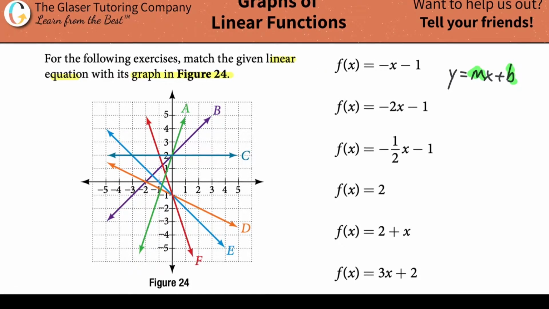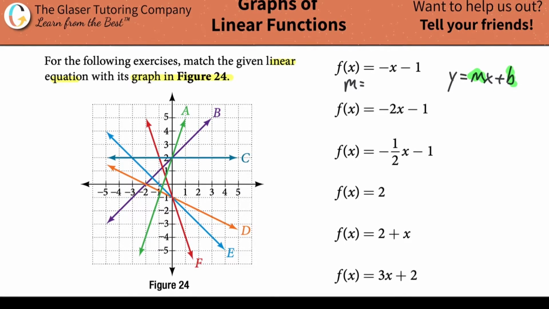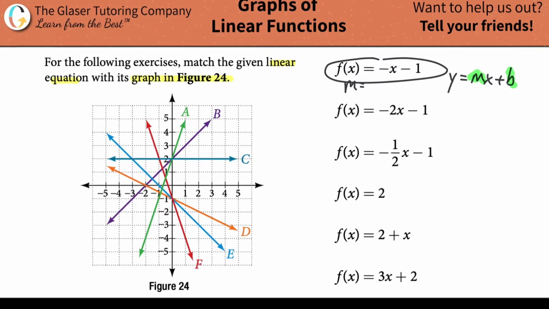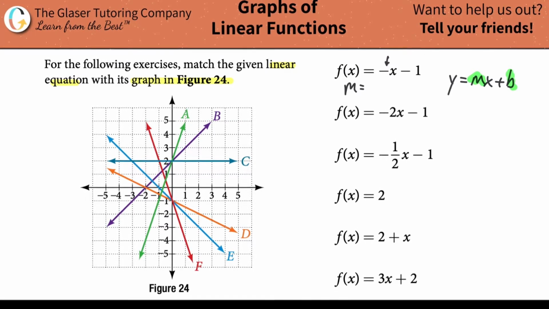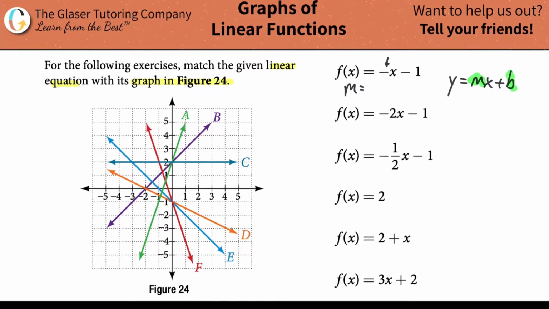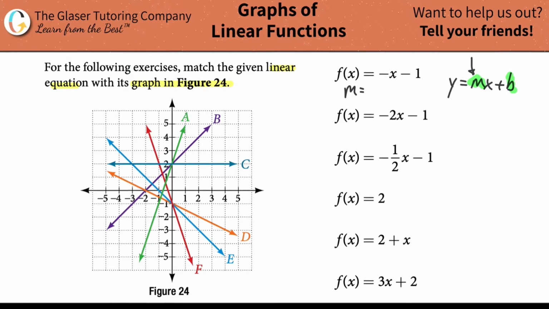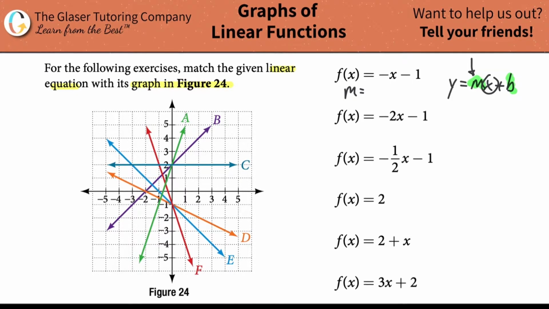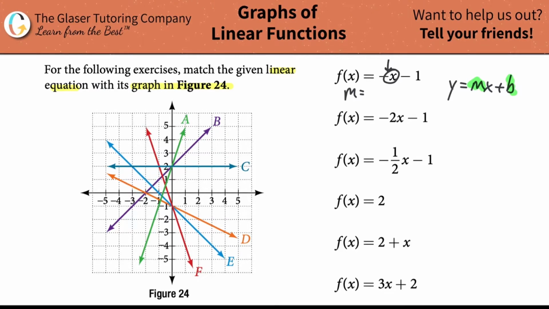So let's take a look at the first one. What's the slope? You might say, well, this looks familiar, but where's the number in front of the x? I don't see it. Well, remember, if there should be a number there, and you don't see it, that means there's a hidden value being multiplied by x.